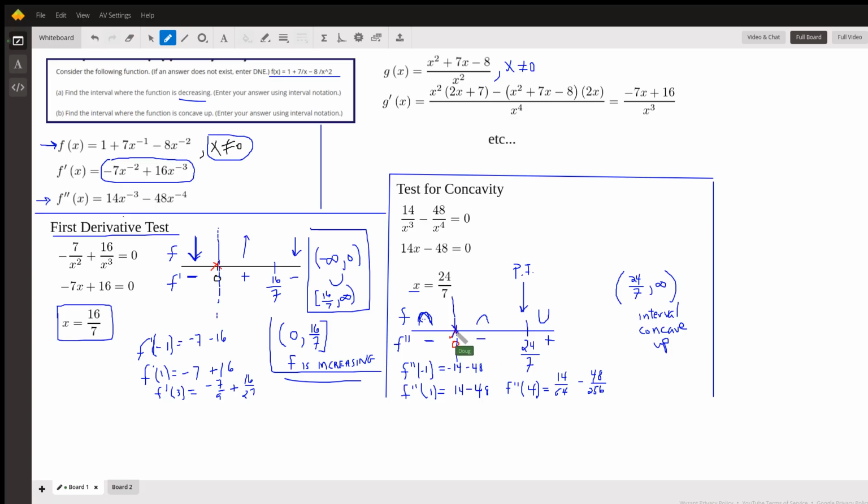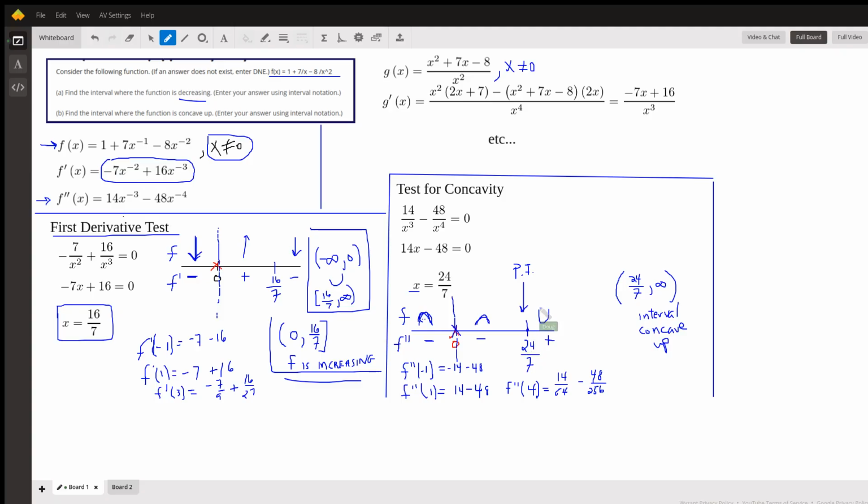Similarly, between 0 and 24/7, f double prime is still negative, so still concave down. But to the right of 24/7, the second derivative becomes positive, so concave up. So at 24/7, we have a point of inflection.